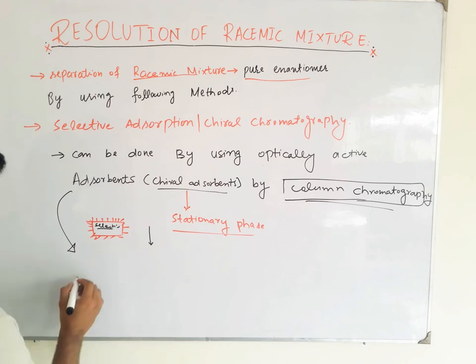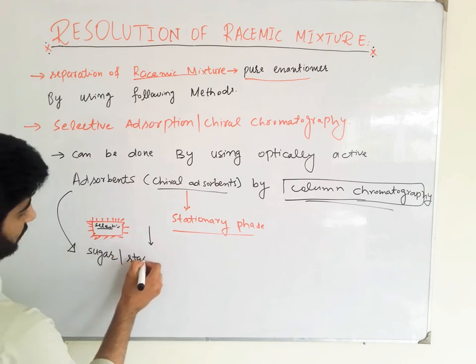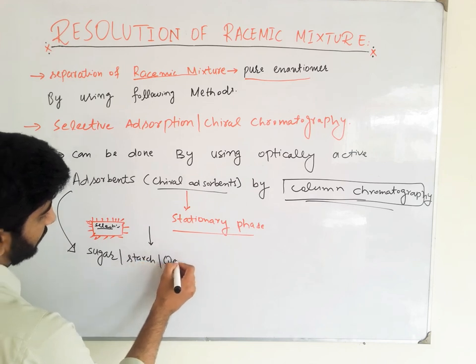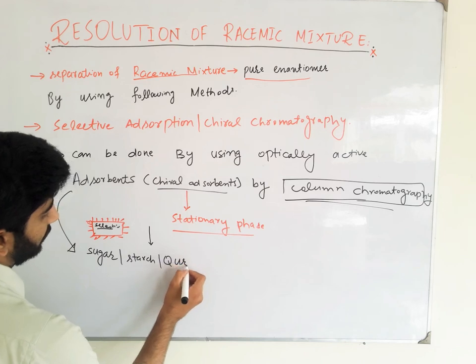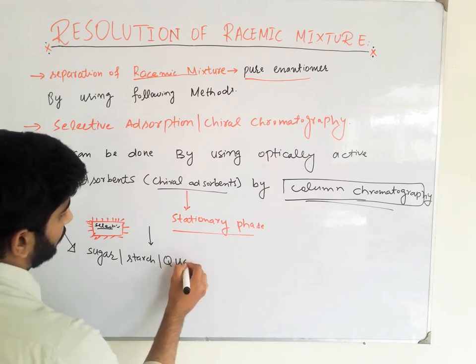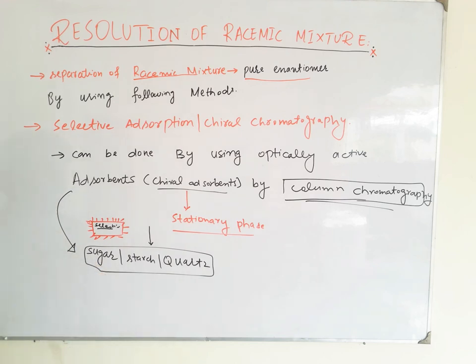The chiral adsorbents are sugar, starch, or quartz. These are used as chiral adsorbents in selective adsorption or chiral chromatographic technique.